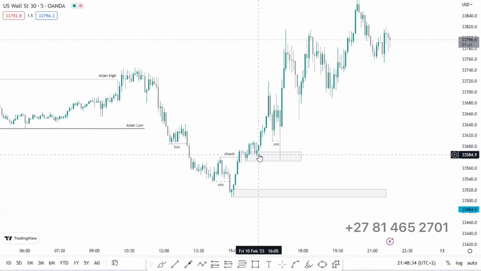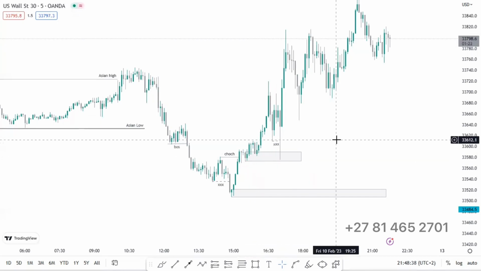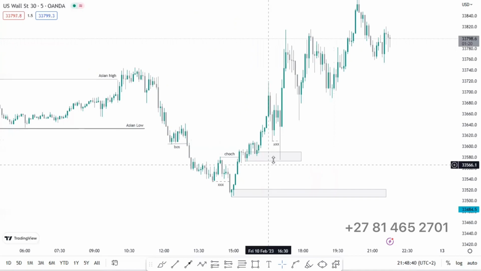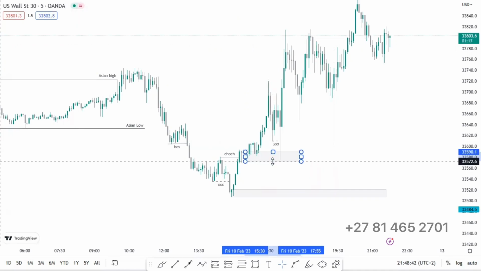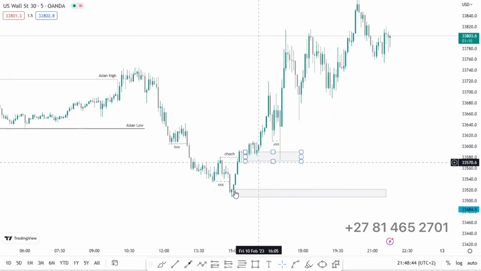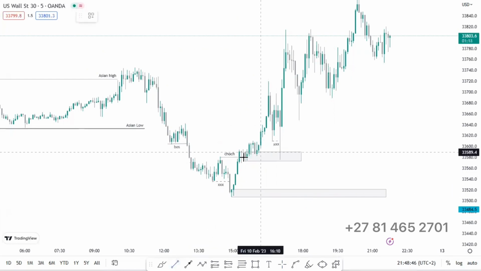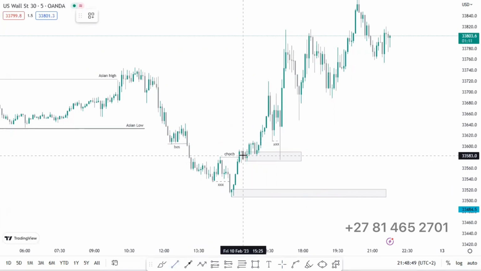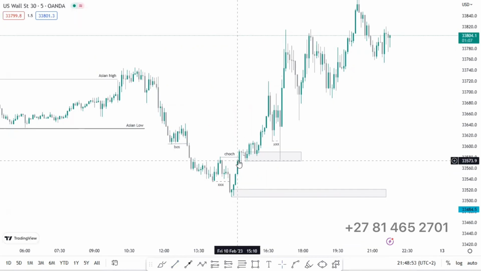I know some people might say this order block is mitigated, but I'll still take my entry here because this candlestick here swept liquidity here. There we go.